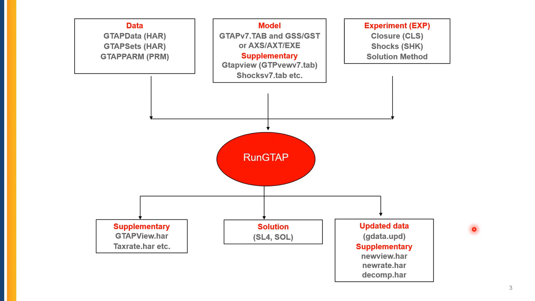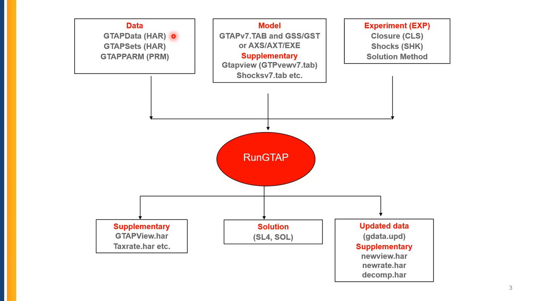If we were to describe RunGTAP schematically, what we have on this page really gives us a good overview. Again, we won't know a lot of these terms or file names showing up here at this point, but what we do have is a set of arrows and boxes that all filter into and then out of RunGTAP, and that's the notion we're trying to make clear.